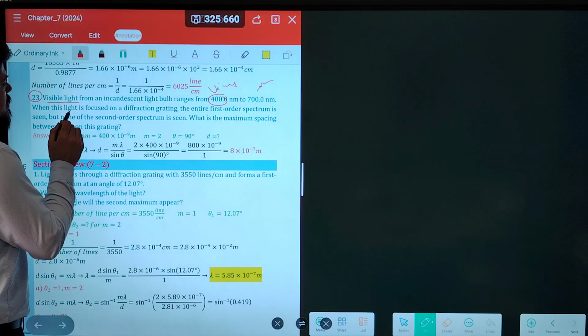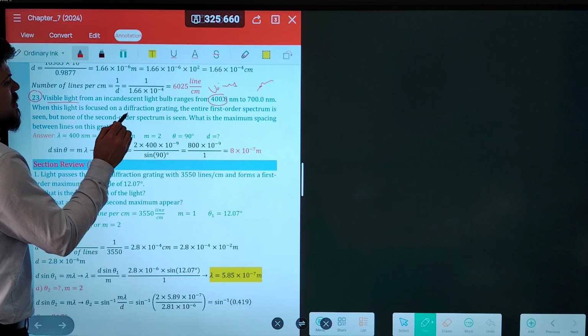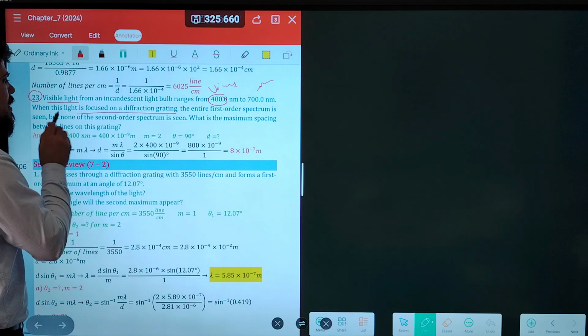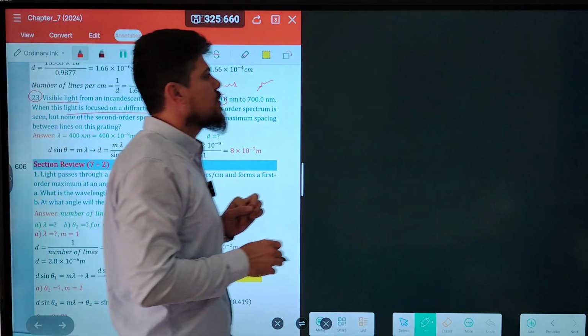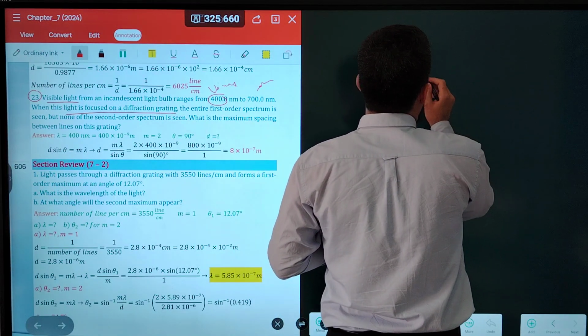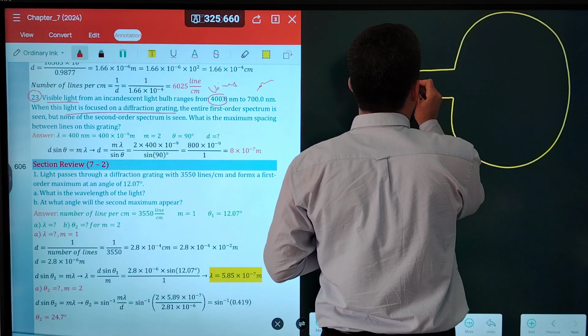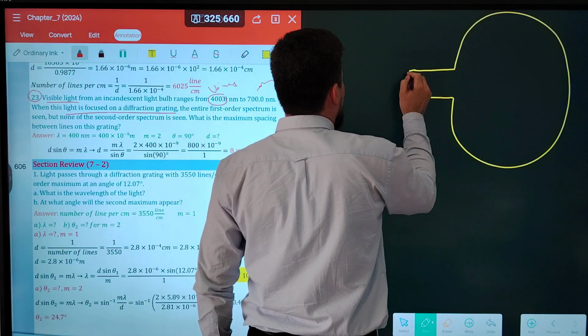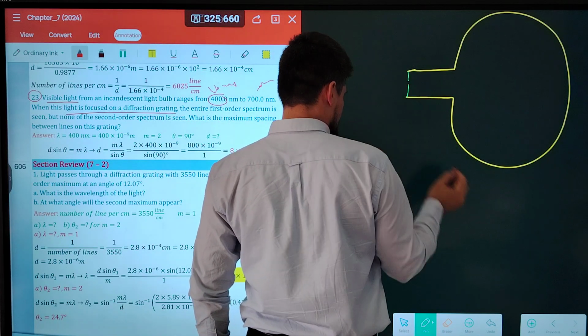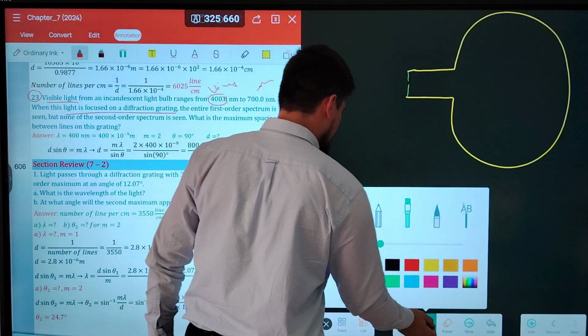When this light is focused on a diffraction grating in a spectrometer, look, the source is white light.